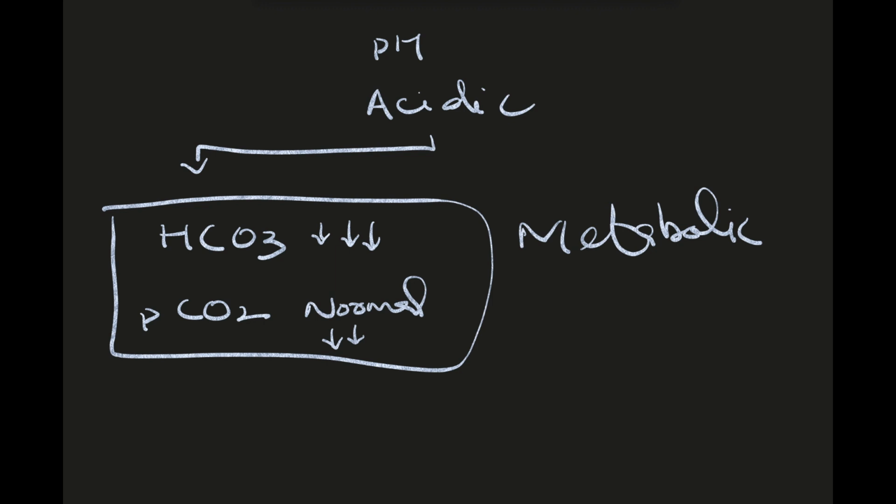You look at the pH in the ABGs, you find it acidic. Next, straight away, look at the partial pressure of carbon dioxide and bicarbonate. One of them will be complying with the acidic nature of the pH. Which component is it?